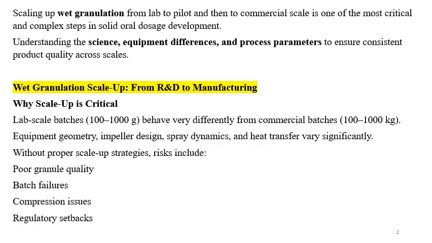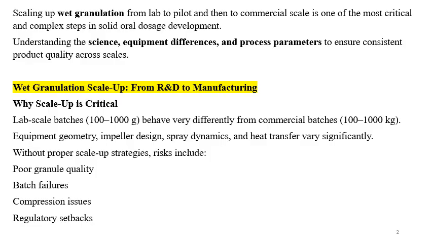As we know, lab scale batches are small batches, typically 100 to 1000 grams, sometimes around 2 to 3 kg. These batches behave differently in R&D than when they go from lab scale to the commercial scale. Generally commercial scale batches are around 100 kg to 1000 kg depending on the tablet weight.